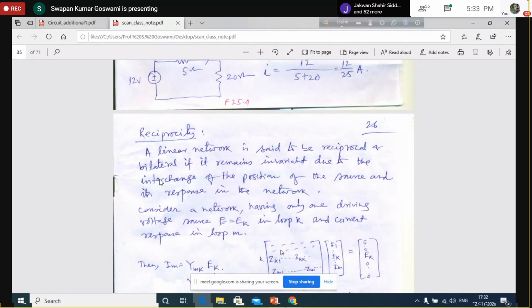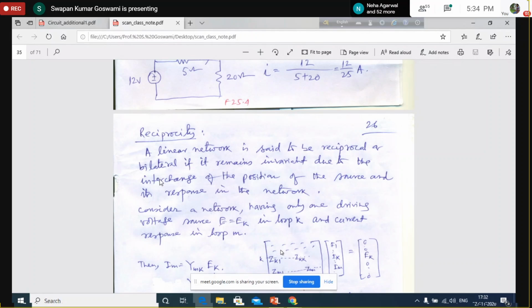Also, we have written the loop impedance matrix into the loop current equal to the voltage sources in the loops. We wrote it this way.